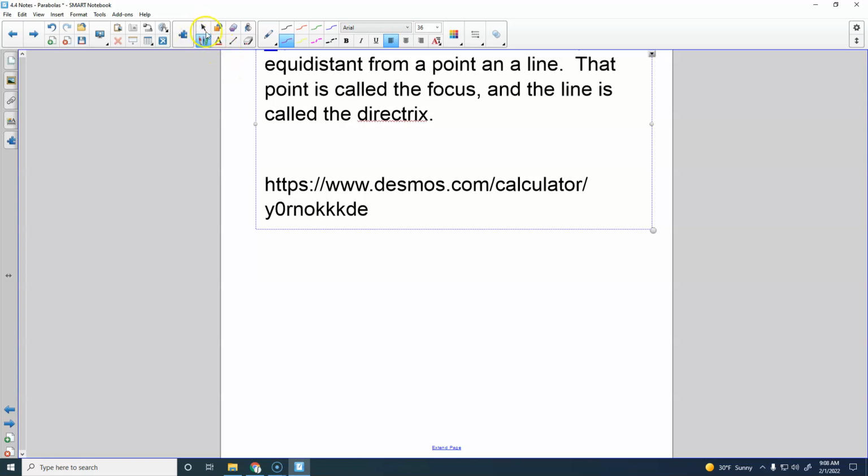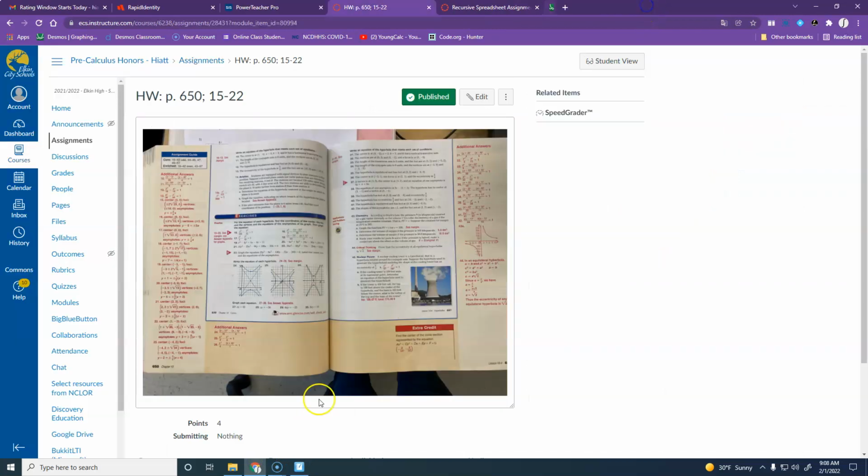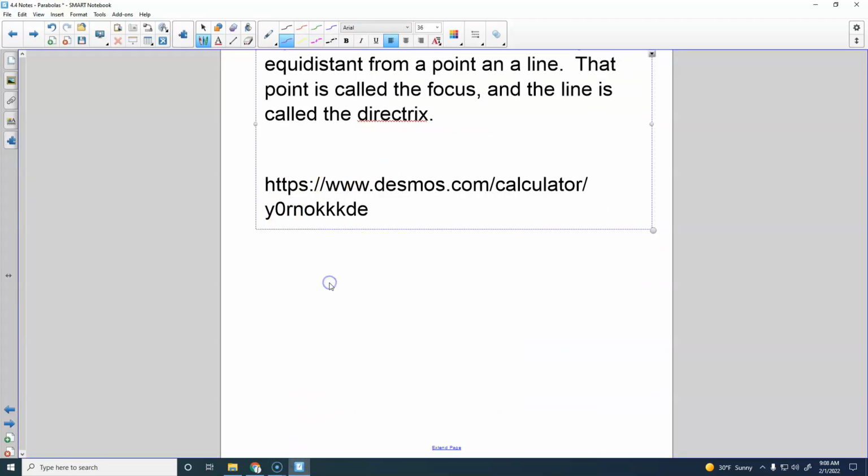This is really being hateful. Why is it lagging so? Come on. It is stuck. Close it and open it back up, maybe. Oh.